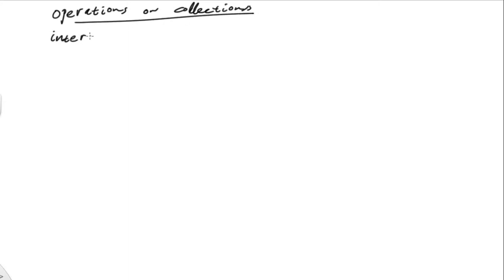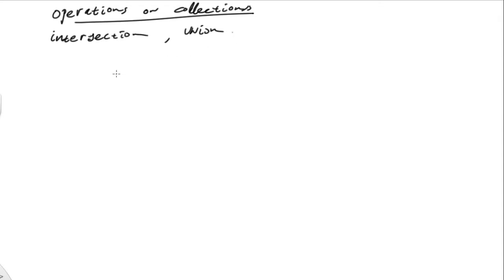Okay, so let's now talk about operations on collections. Okay, so of course there's intersection. And there's union.